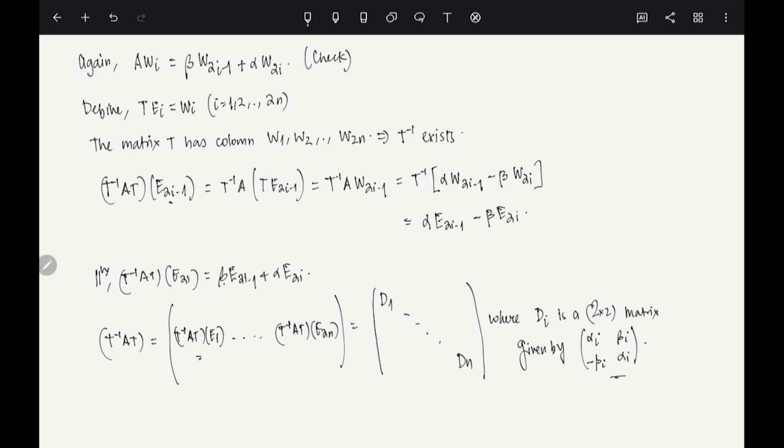So the theorem which you are going to get is this. Let A be an n cross n matrix that has distinct eigenvalues.